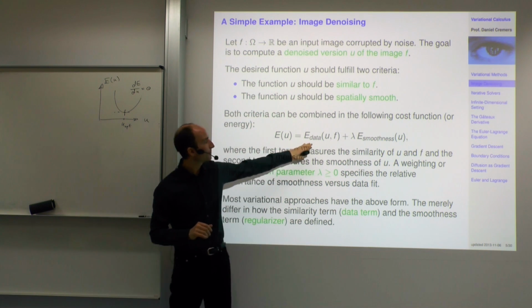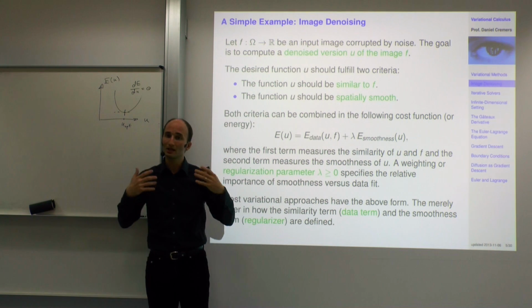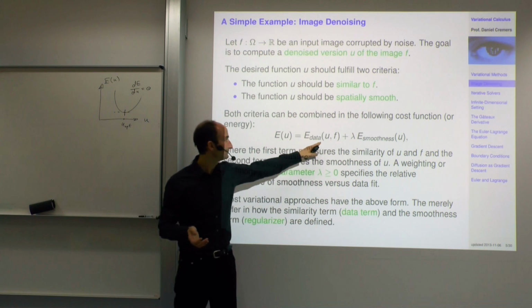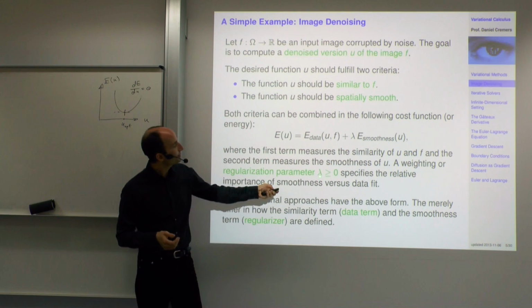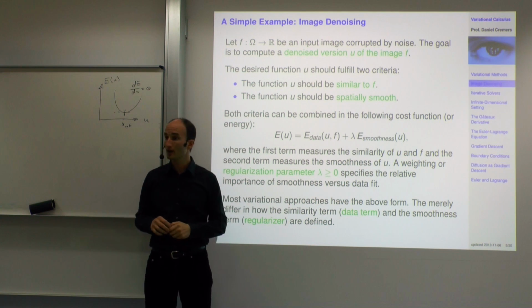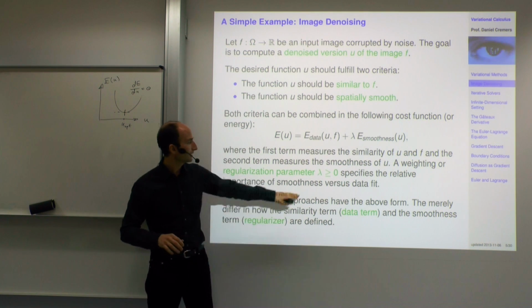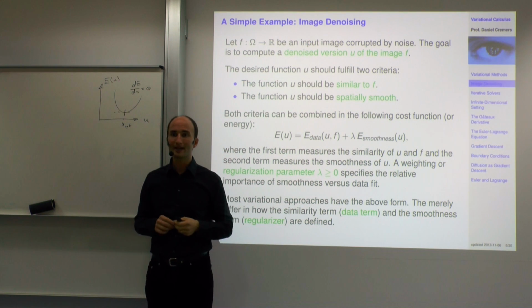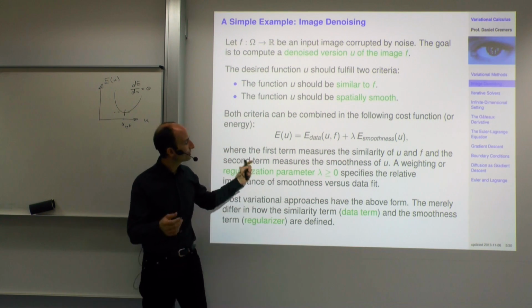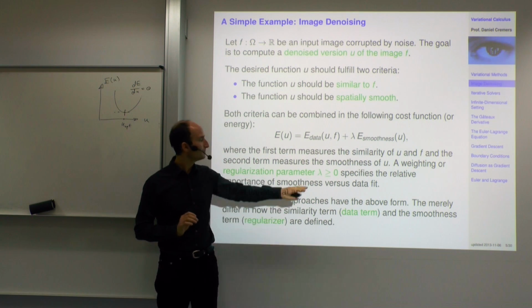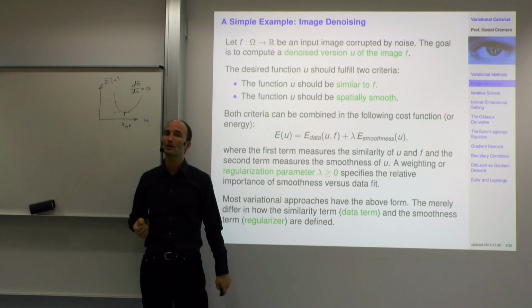And so this is what I mean by saying that in optimization methods, you put your assumptions on the table. Here they are. And there's typically some parameter, the regularization parameter, often called lambda. Interestingly, the name of the parameter is often the same in many papers. Of course, you could name that parameter alpha, beta, gamma, nu, whatever you want. But typically the weight of the smoothness term is called lambda.